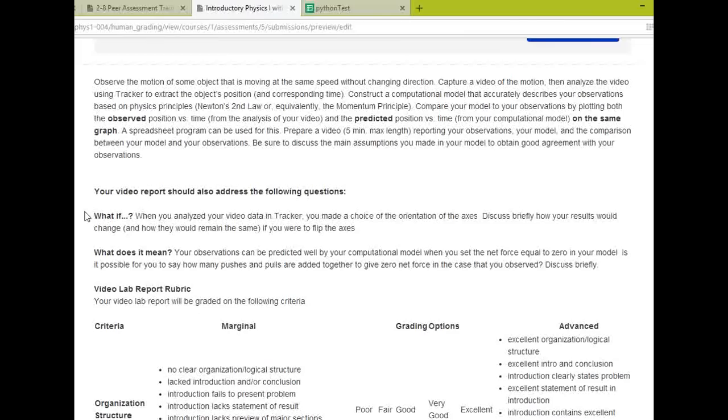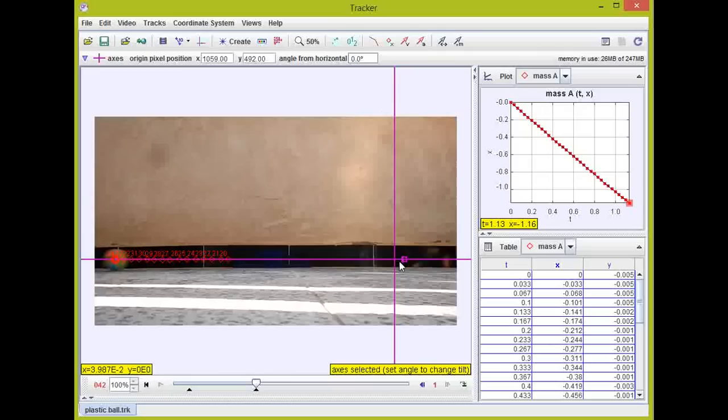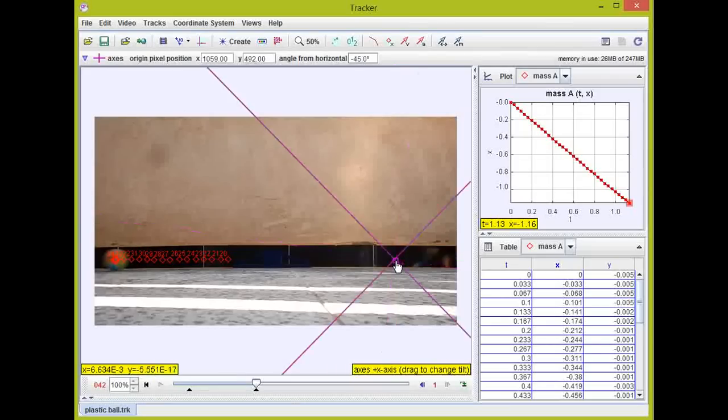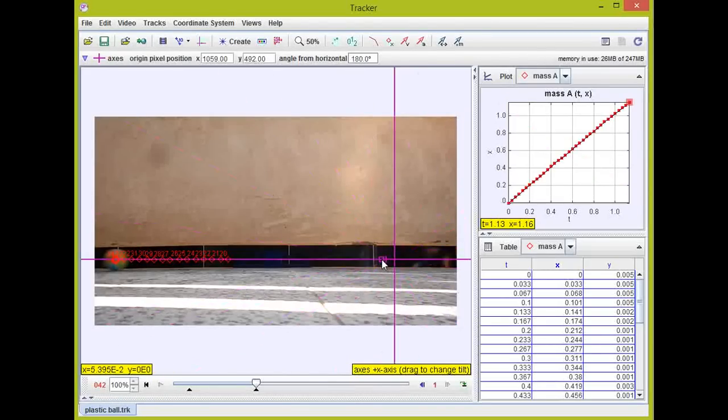The first one is, what if we flip the axis? Coming back to Tracker, we can flip this axis right here. Now we notice the curve has changed its slope. It's actually the same points but in a positive direction, and the x coordinate of all the points has changed its sign.